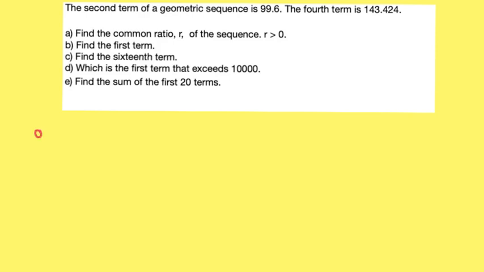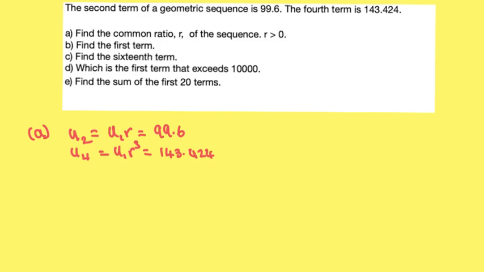So we know that u2 is equal to u1 r, which is equal to 99.6. We know that u4 is equal to u1 r cubed, which is equal to 143.424.